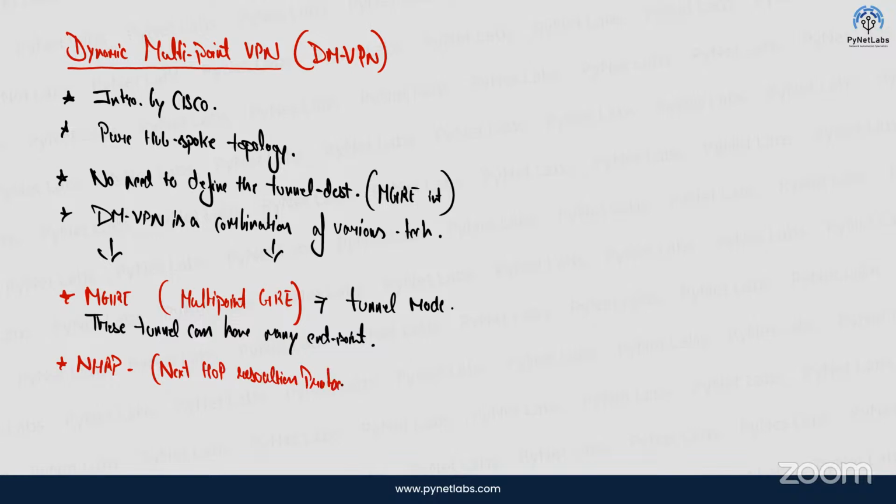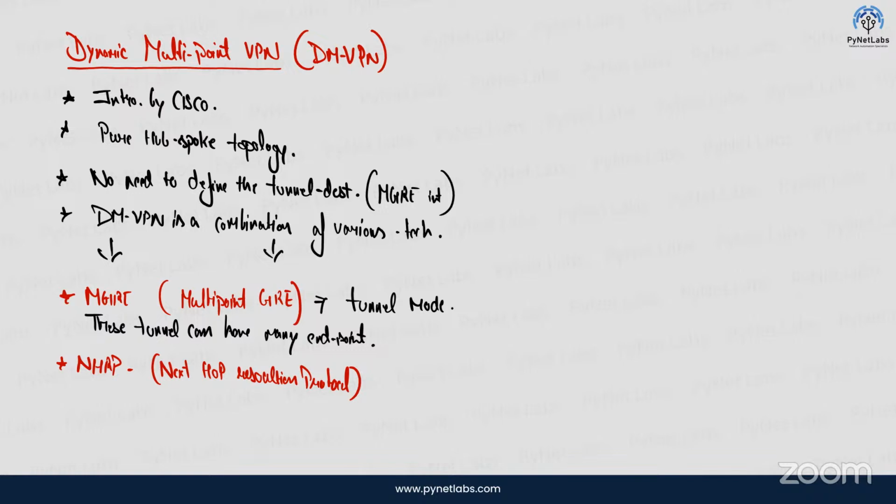This protocol is pretty similar to ARP, as it provides the mapping of private IP to public IP and public to private. All it does is build a dynamic database of the branch offices at the hubs and the IP addresses of the spokes as well.